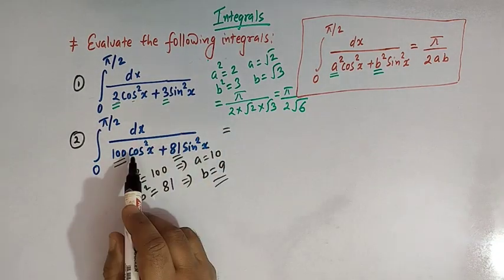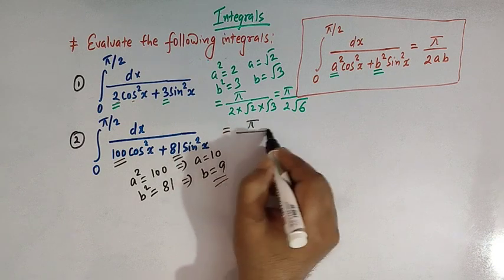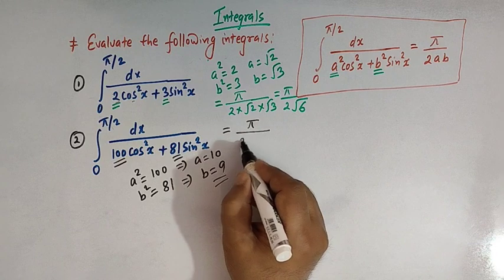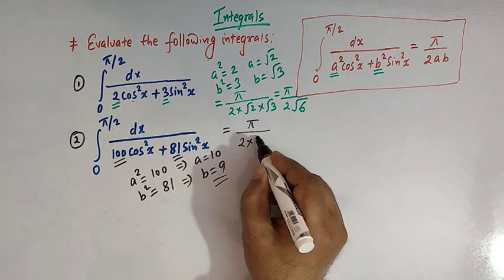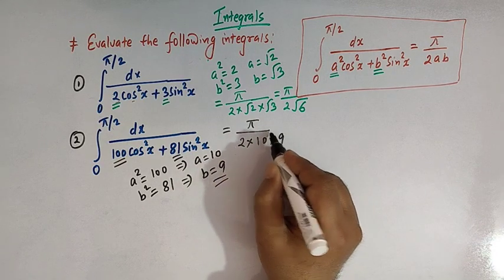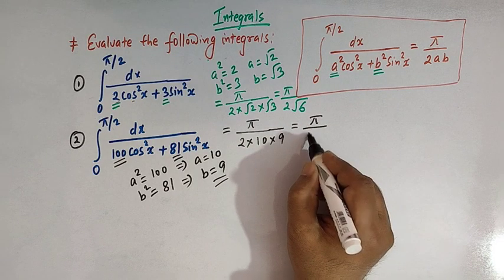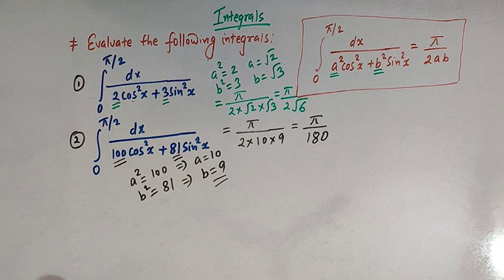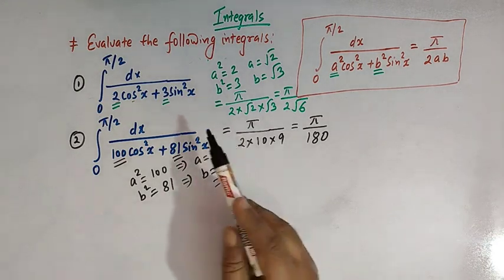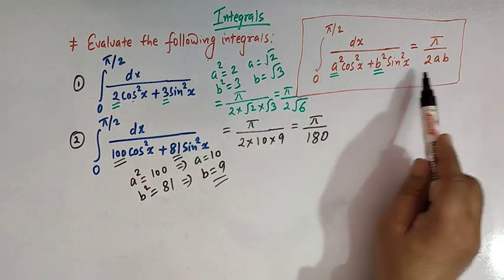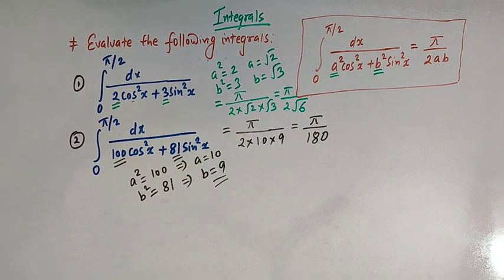So the direct value of this integral is pi divided by 2 times the product of a and b. So 2 times 10 times 9, this is pi divided by 180, right? This is how we can solve these types of integrals by using this general result.